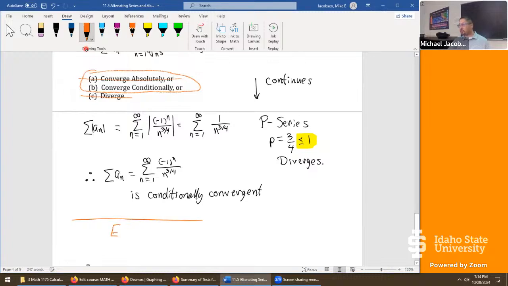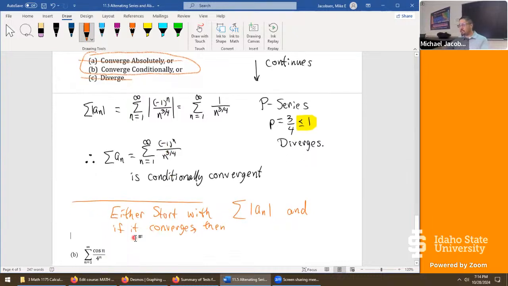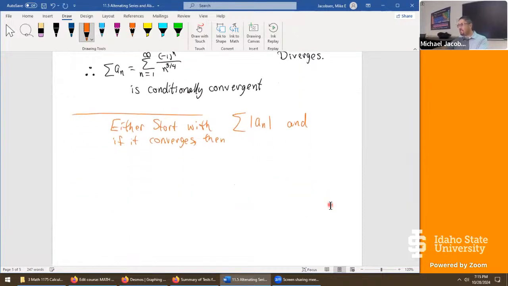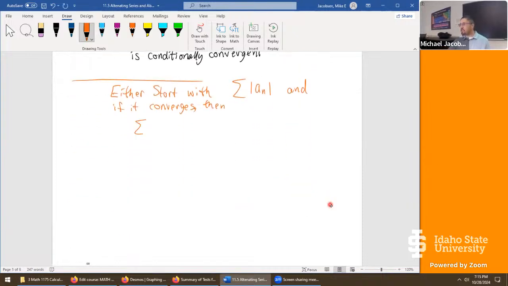You can either start with summation absolute value an, and if it converges, then the original series, summation an, is absolutely convergent.